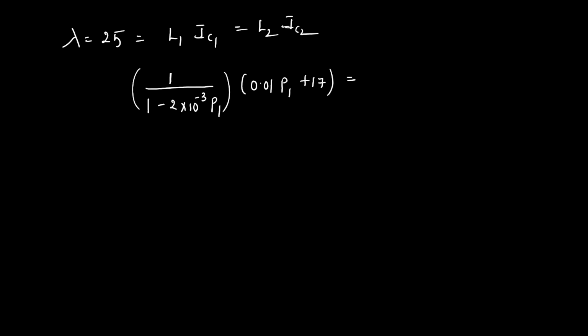This is equal to the penalty factor of the second generator, which is 1, into the incremental cost 0.06 P2 plus 19. Understand?